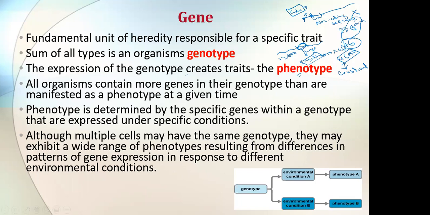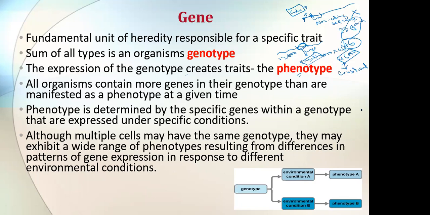So the number of genes is constant, but the phenotype actually varies based on different factors like temperature, then acidity. Basically, environmental factors work on the gene.